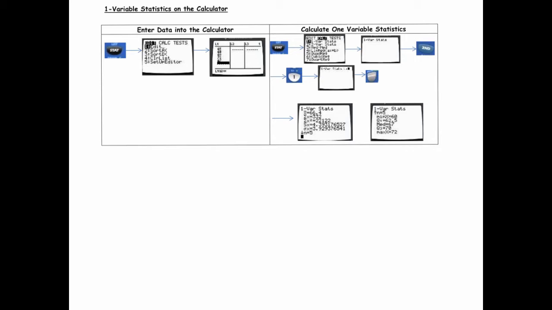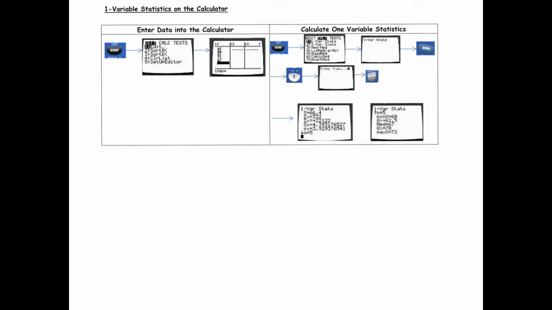Using screenshots, I've summarized how you can find the standard deviation, and basically how to find everything you need in general if you're looking at one variable statistics. We've talked in prior videos about how to put data into lists, and I've got the button pushes here that would get you to the one variable stats.